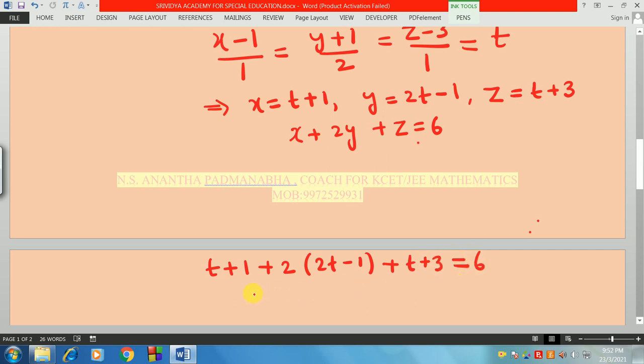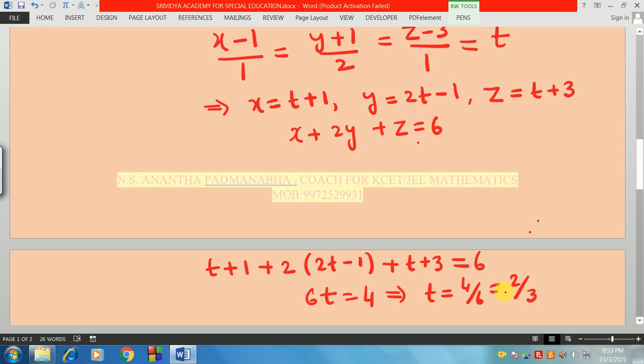So upon simplification, I have 2 into 2t, 4t, 4t plus t is 5t plus t is 6t here, and 1 minus 2 is minus 1, 3 minus 1 is 2, and 6 minus 2 is equal to 4, which implies that t is equal to 4 by 6, which is nothing but 2 by 3.